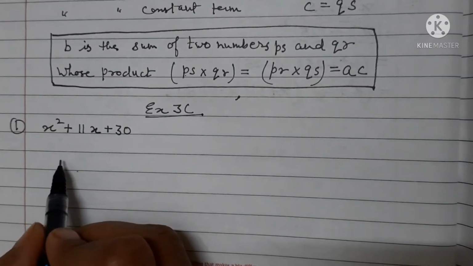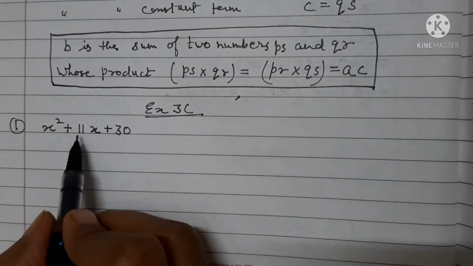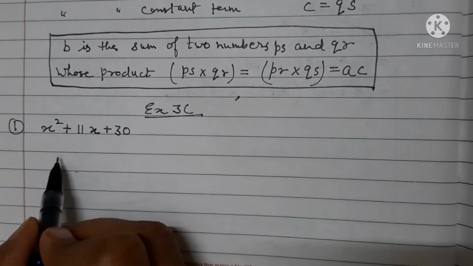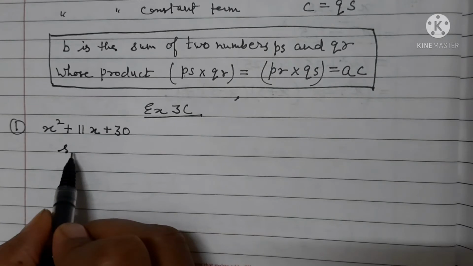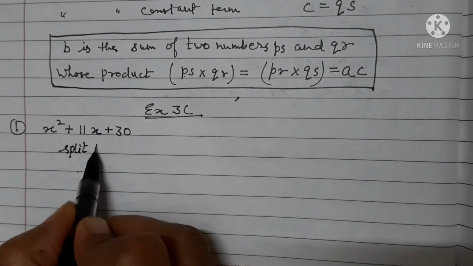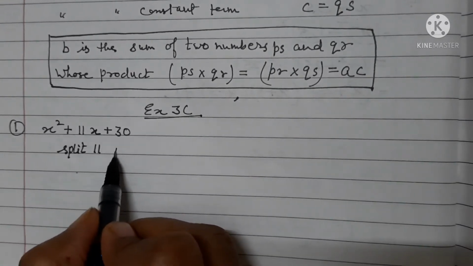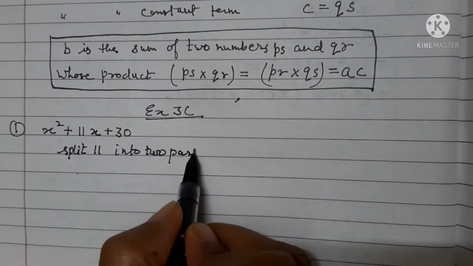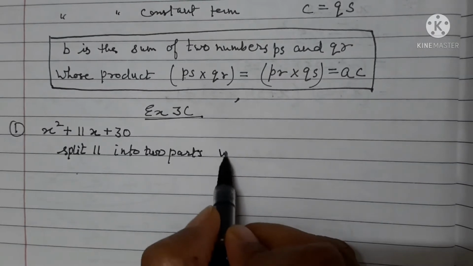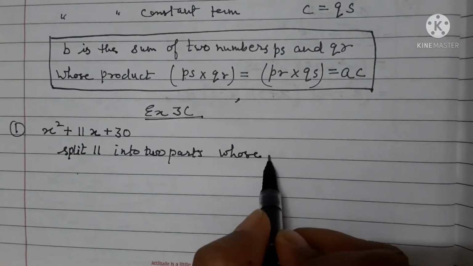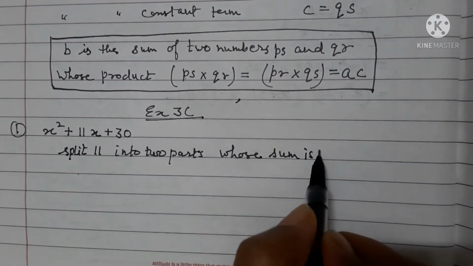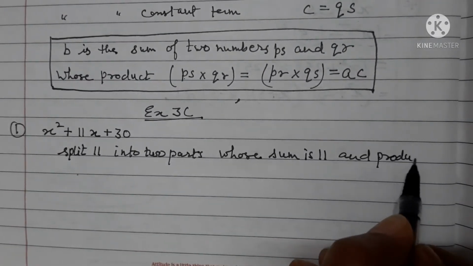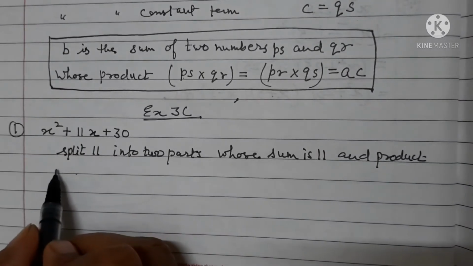So here we should split 11 into two parts whose sum is 11 and product is 30.